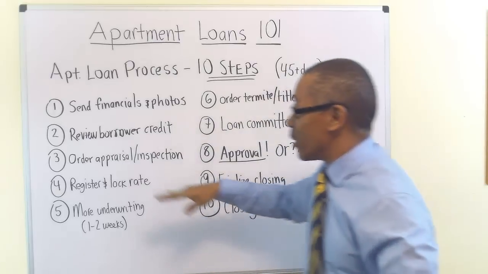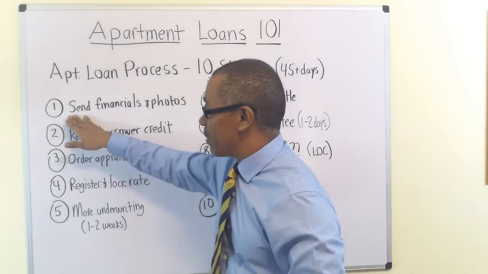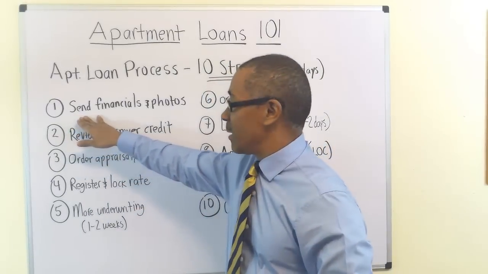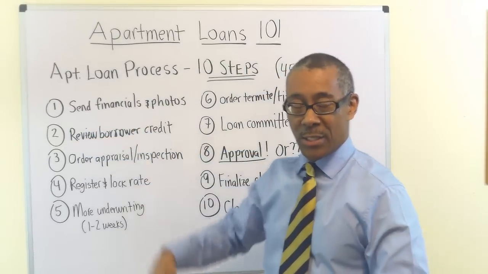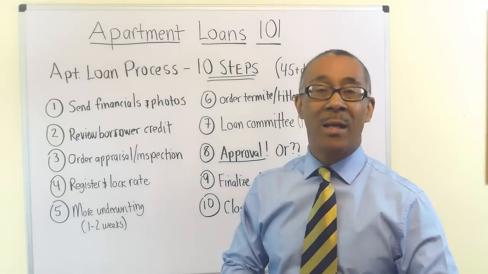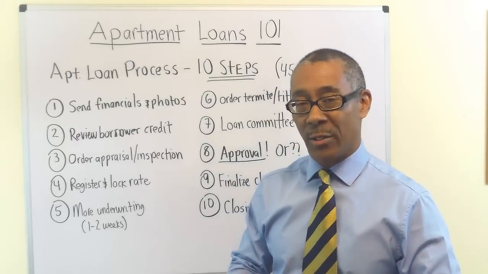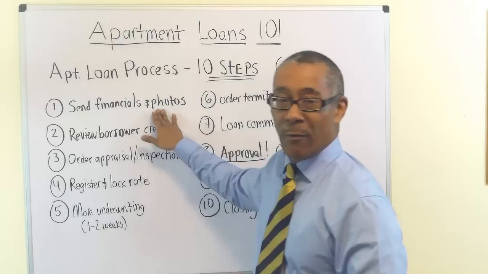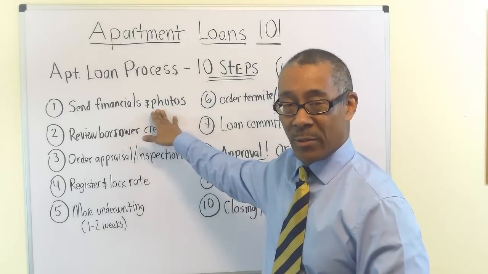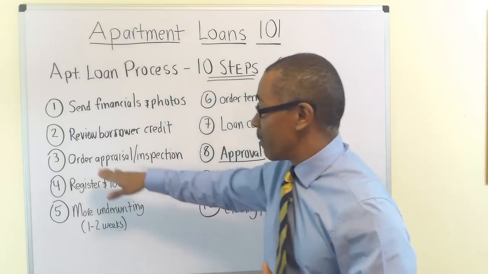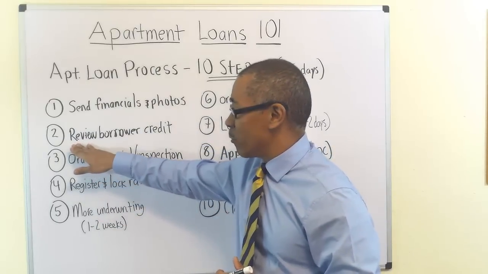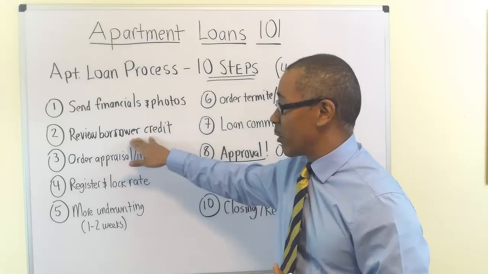All right, so step number one is you're going to send the property's financials and the photos to the lender. You're going to send the last 3 years of income and expenses, plus about 12 photos of the property, just to get started so they can take a look at things. All right. Step number two is the lender will review your credit.